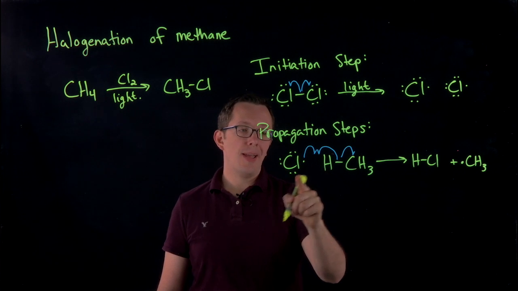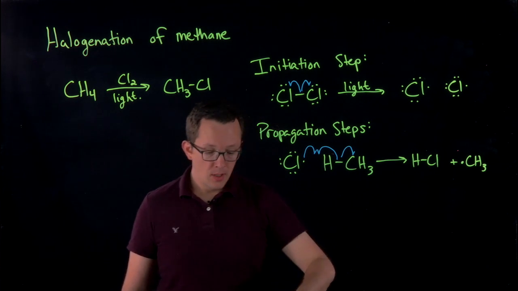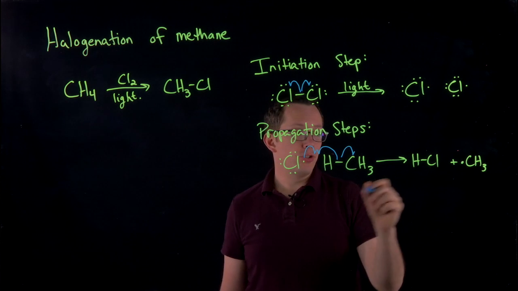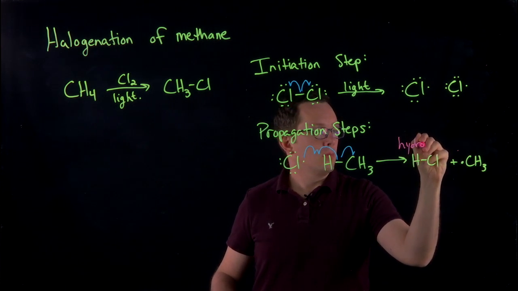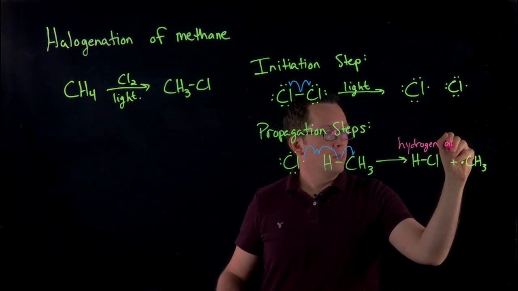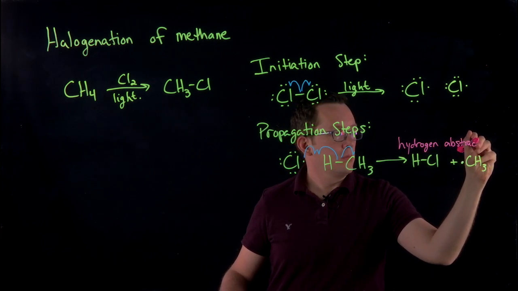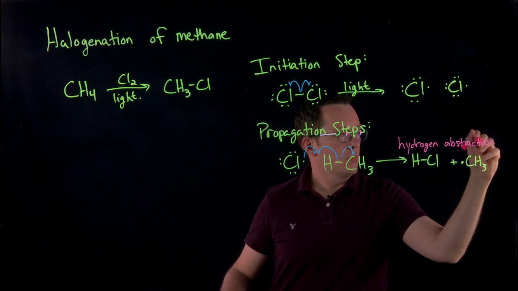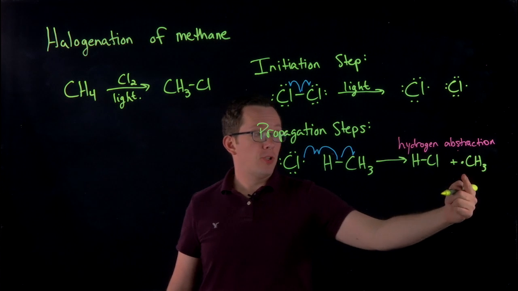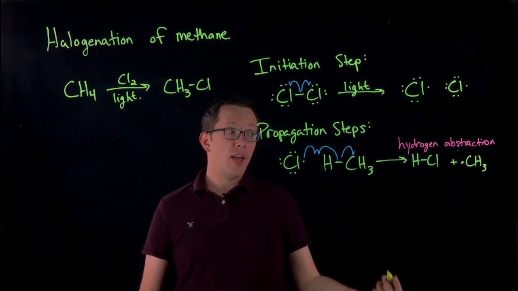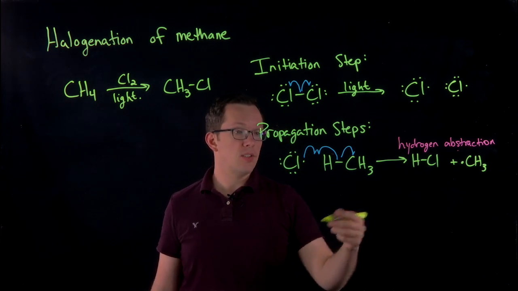The chlorine did this by abstracting a hydrogen. So this step is often called a hydrogen abstraction. Okay? So after this step, we've generated a new radical. Let's go ahead and use that to continue the steps.